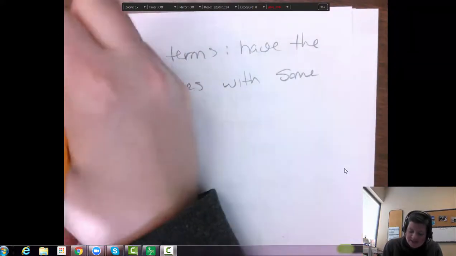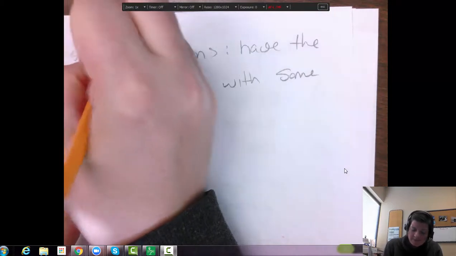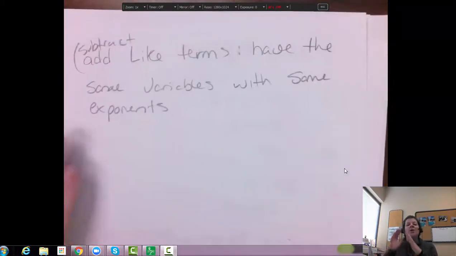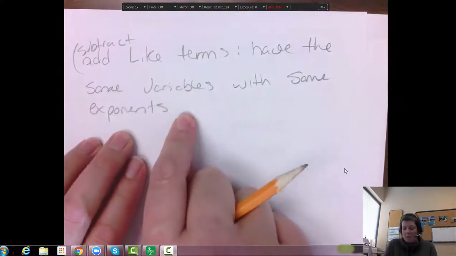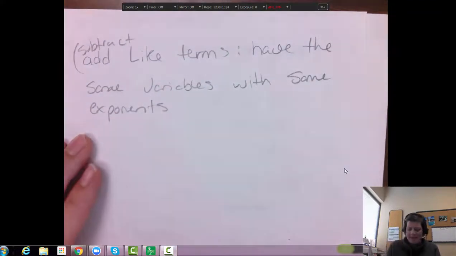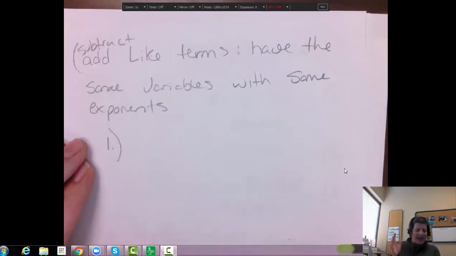And I guess I should have said add or subtract, either one. We have to have like terms, and they have to have the same variables with the same exponent. So what do I mean by that? Here are my examples of add and subtract.